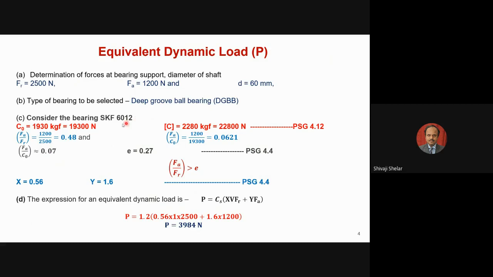So when we select a bearing, what is the basic thumb rule? You are looking for dynamic capacity. You select a bearing with a dynamic capacity such that, whatever your maximum load is, around 2500 Newton in your case, the dynamic capacity should be at least 10 to 25 times greater.